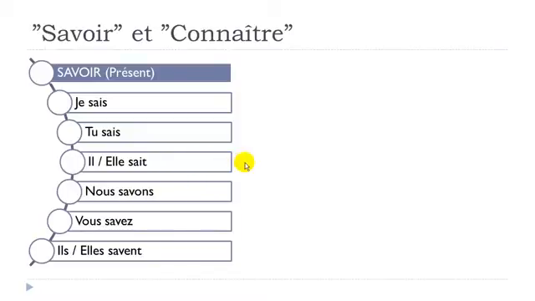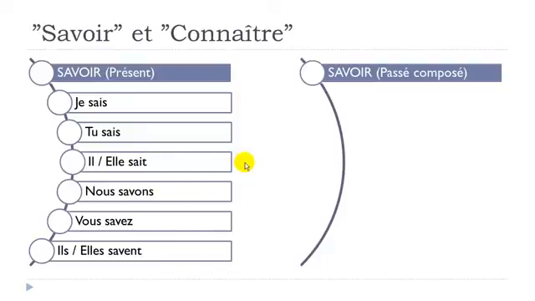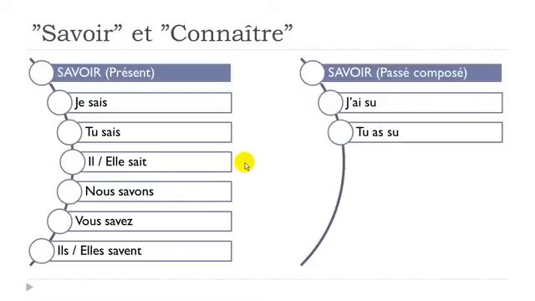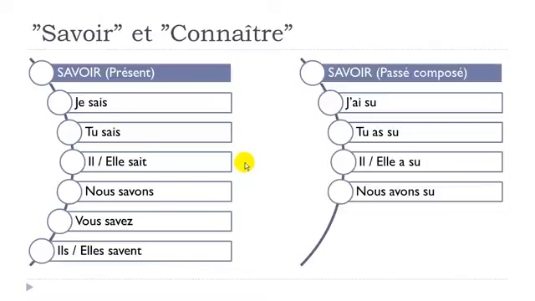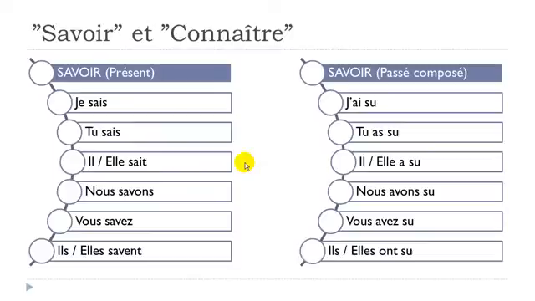All right, so let's see now the passé composé form. J'ai su, tu as su, il a su, elle a su, nous avons su, vous avez su, ils ont su. If you remember, we introduced this passé composé form in Unit 5, if my memory is correct.